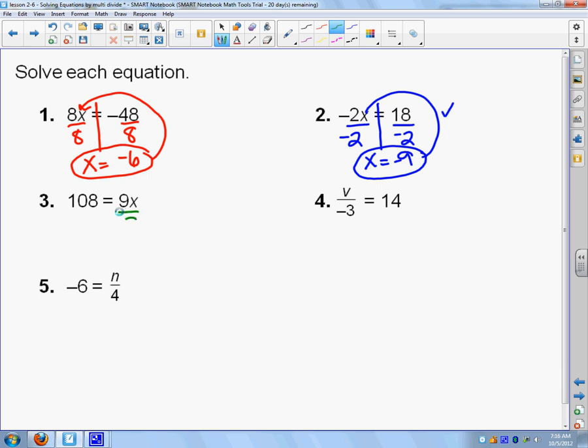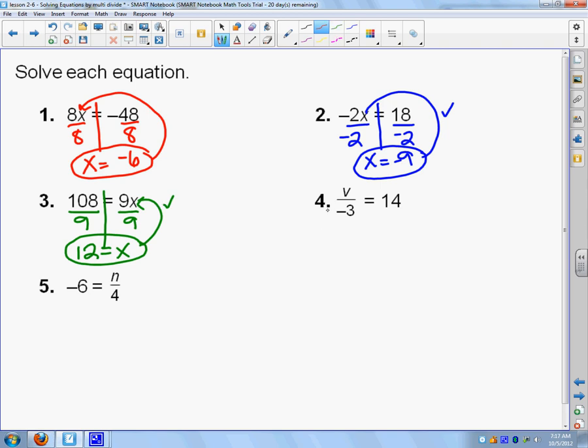Here I am going to divide both sides by 9. There's no negatives, so it makes it a little bit easier. So then I know that x equals 12. 9 times 12 is 108.